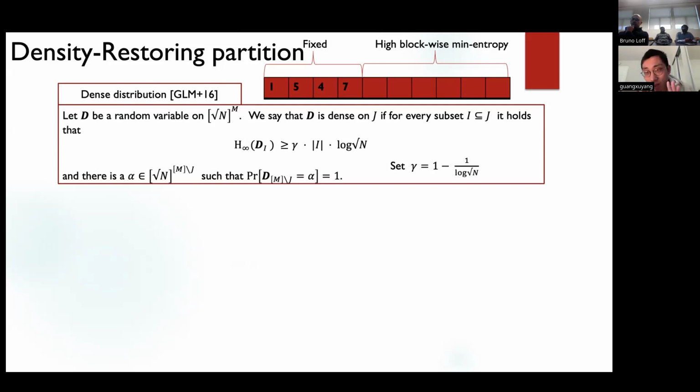But we are different. We say gamma is equal to n minus log square root n, over log square root n. It's nearly maximal actually. So the non-fixed part has to be very, very close to maximum.